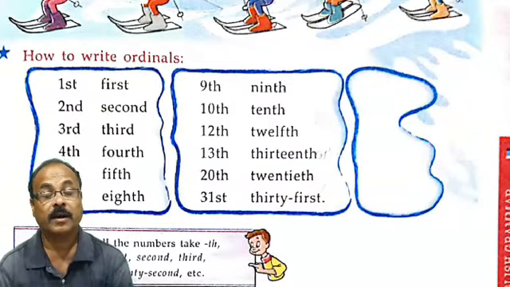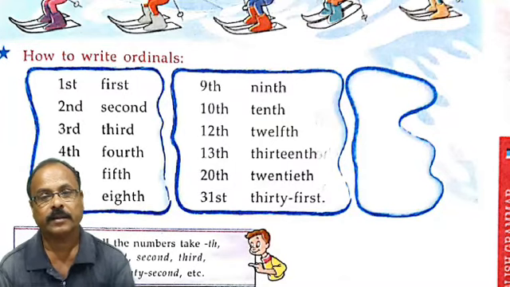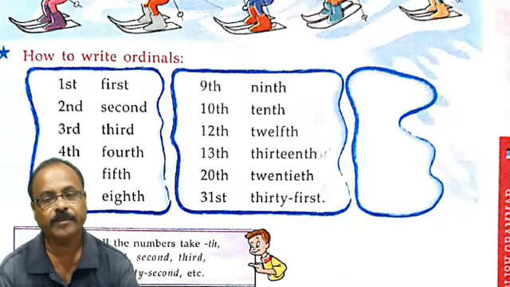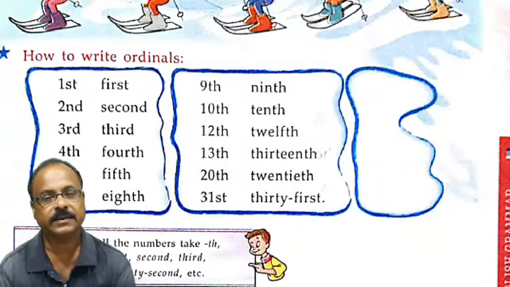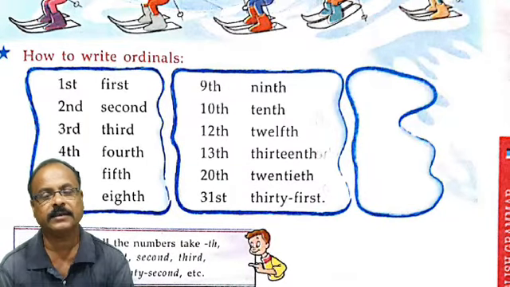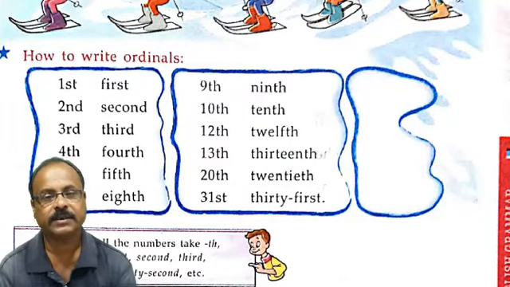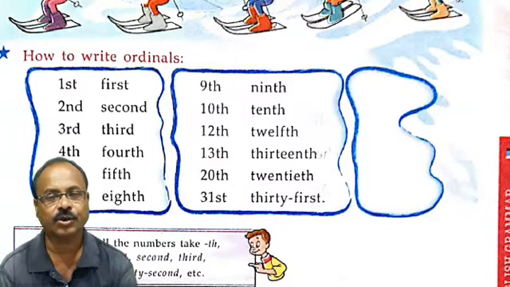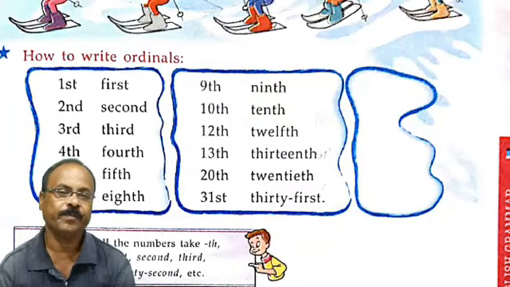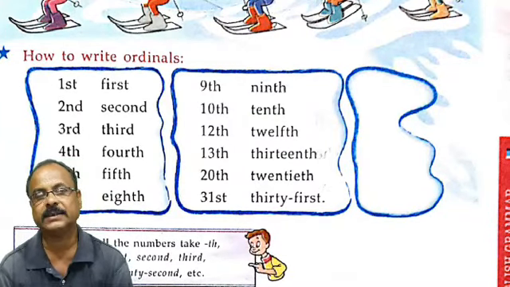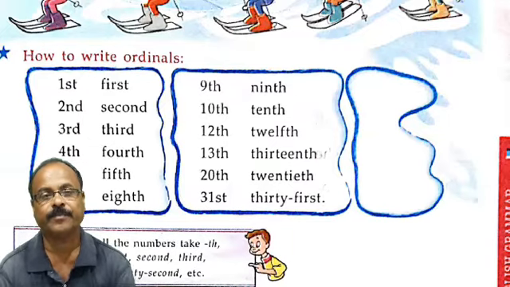So, after 20, then comes 21, and 21 is read as 21st. Likewise, then comes 22. 22 is read as 22nd.